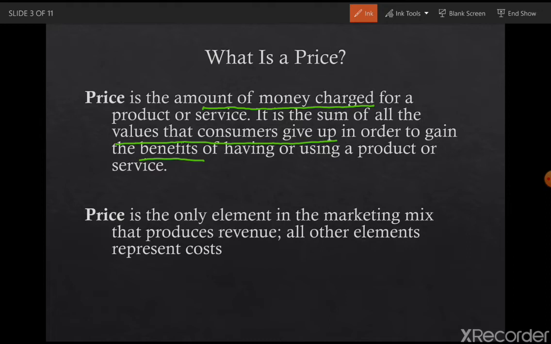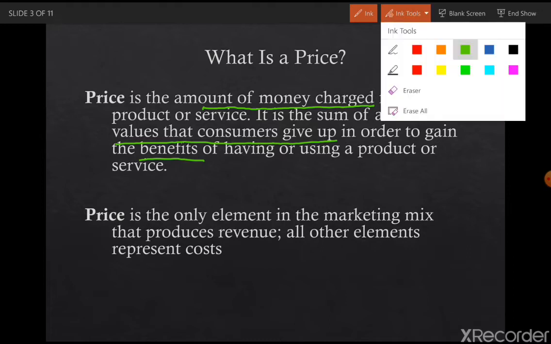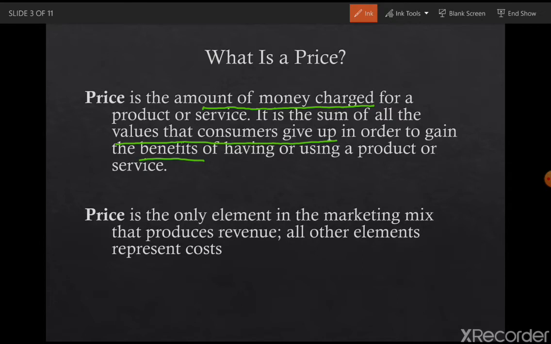So price is one of the pieces. If you remember, we also studied the marketing mix, right? We studied 7 P's, out of which the 4 P's were based upon the product, and the 3 P's were the services, right?